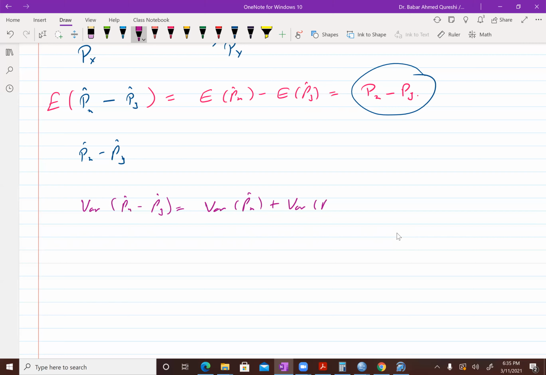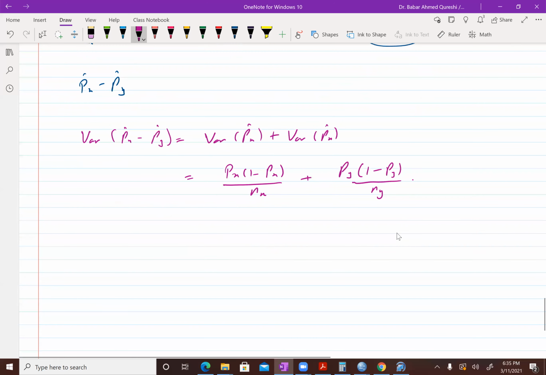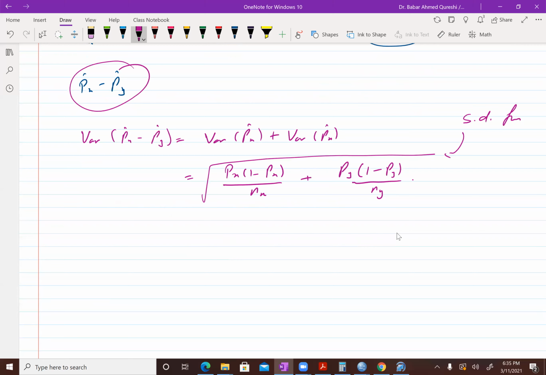So just like before, the variance becomes, when I have a hat, by hat I mean this is a sample proportion. You picked a sample and computed the proportion there. So this is equal to px (1 minus px) over nx. These formulas we have used before. And y. So that means for this variable, the standard deviation is this. This is the standard deviation for this random variable.